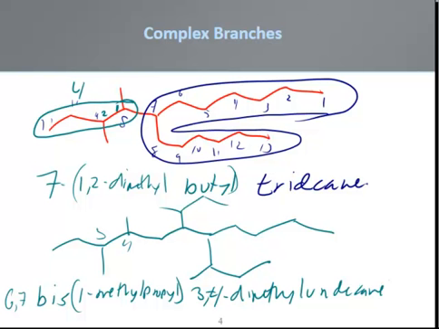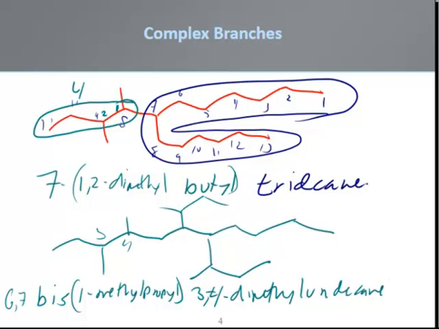And here's another example where the nomenclature committee just got into a fight and it makes no sense. But remember from your regular nomenclature that if you have more than one simple branch, use di, tri, and tetra, and the di, tri, and tetra do not enter into the alphabetization of the name. So if you have two methyls, dimethyl still will come after ethyl.